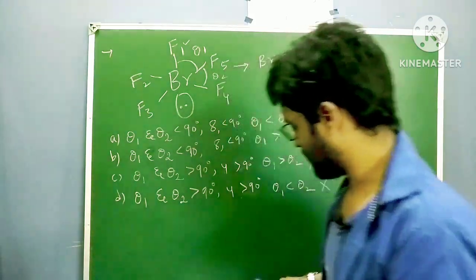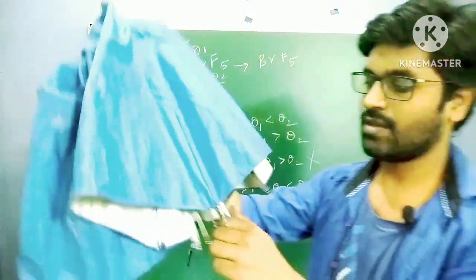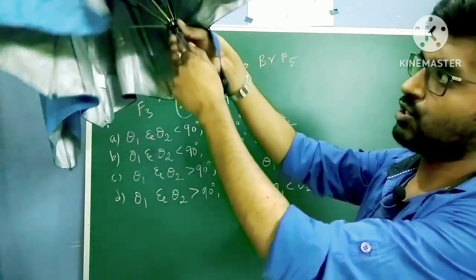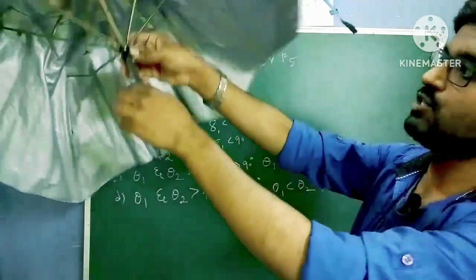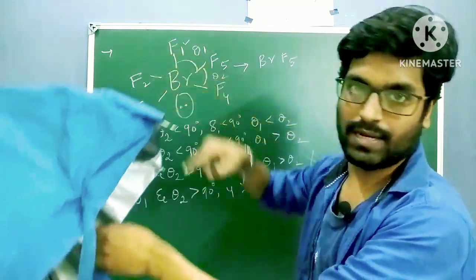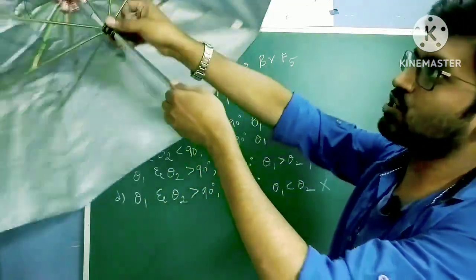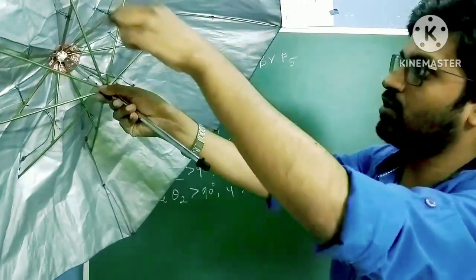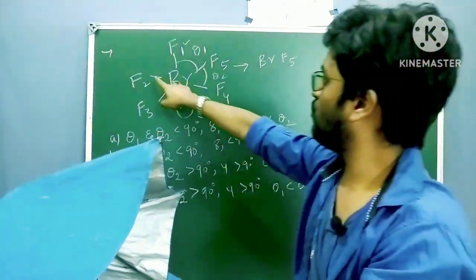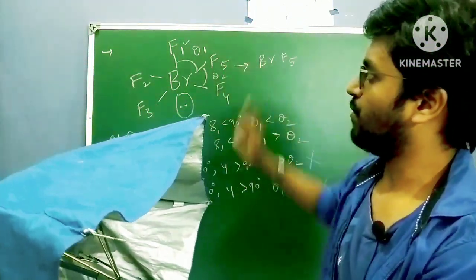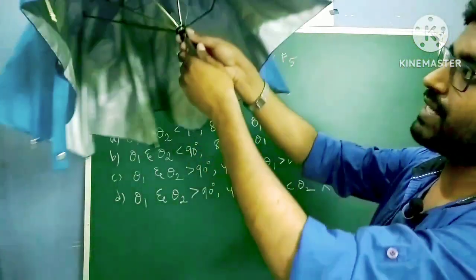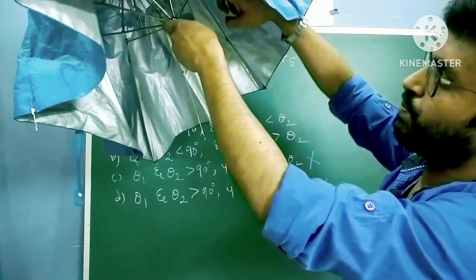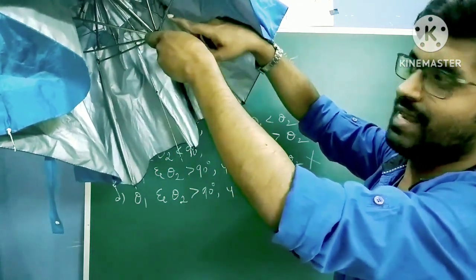A simple explanation: I have an umbrella with me. Suppose this button is your F1, and these spokes are your F2, F3, F4, F5. When the umbrella is closed like this, the angle between the button and the spoke is less.